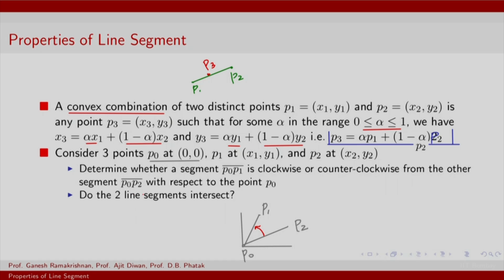One might also be interested in whether any two given line segments intersect at all, in which case the inquiry would be more like, do P1 P2 and P3 P4 intersect at all.